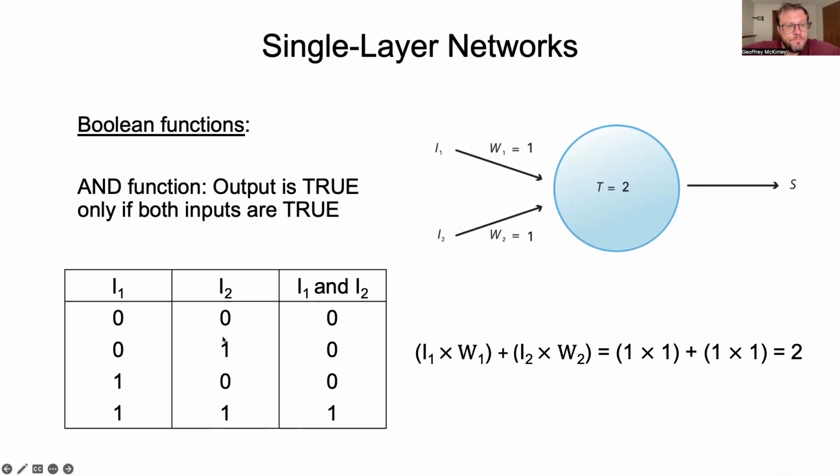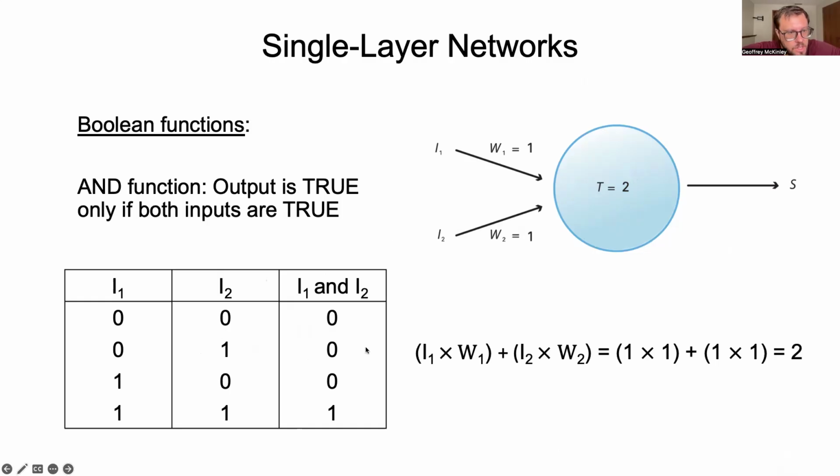So we multiply the input by the weight, just as we saw before, and you do this for both inputs. If the input is 0, 0, then input 1 times weight 1 is 0, plus input 2, which is 0, times 1 is 0, equals 0. Because 0 is less than 2, this neuron would not fire, because the threshold is 2, and the activation of this neuron must be 2 or greater in order for it to fire.